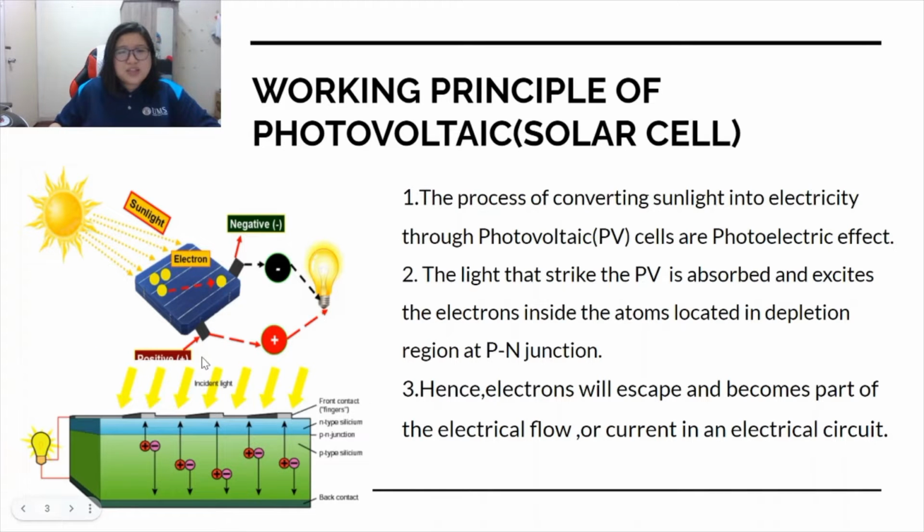So when the light strikes the atoms inside the depletion region, it will separate into positive and negative charge. Due to the electric field, the positive and negative charges go into the layer that has the opposite charge to them. Hence, the electron will escape and become part of the electrical flow or current in the electrical circuit, generating electricity.